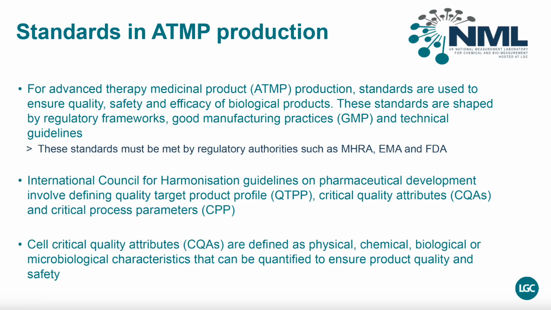So for this specific talk, I'll be discussing cell critical quality attributes for cell therapies that are measurable characteristics. So this can either be physical, chemical, biological, or microbiological, that can be quantified and directly impact product performance.